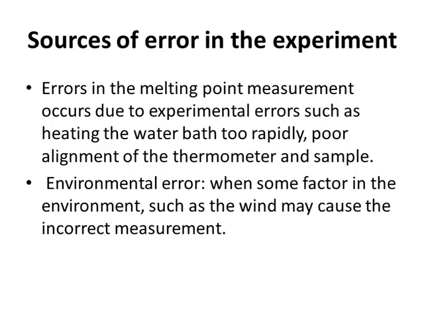Then we have another one, which is the environmental error. This is when some factors in the environment affect our experiment. Such a factor is the wind. The wind might cause incorrect measurement, and that was why last semester I told us it is not advisable to perform any of your experiments at the slab beside the window.